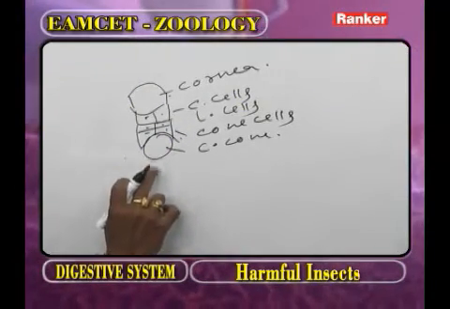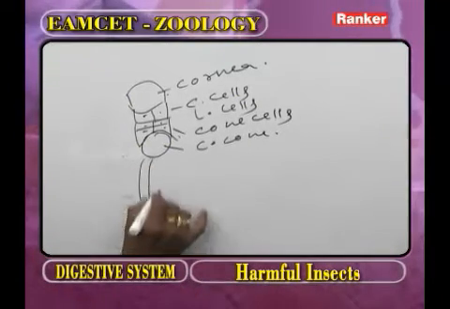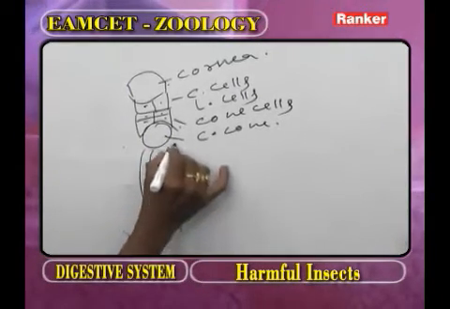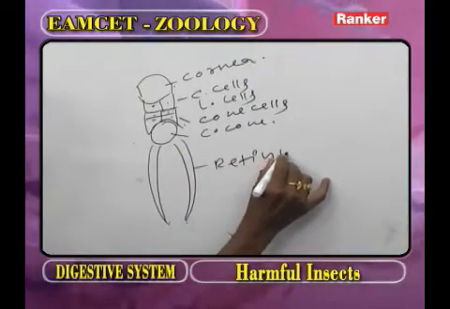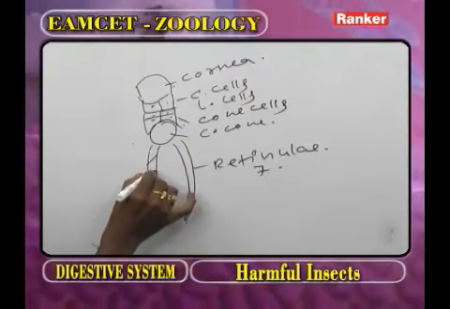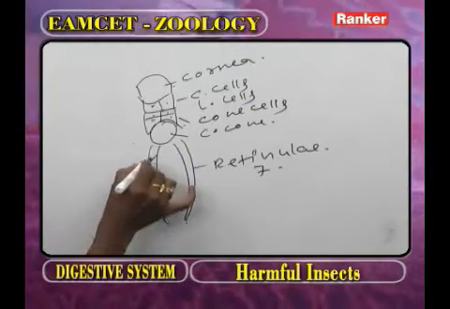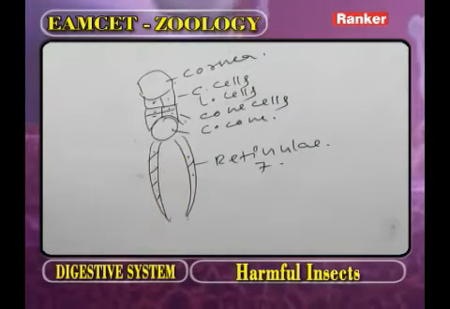Now the cone cells are followed by retinulae. Number of retinulae is 7: 1, 2, 3, 4, 5, 6 and 7.